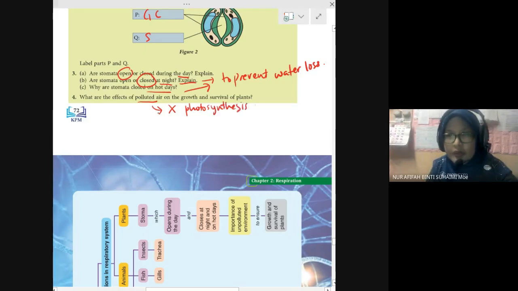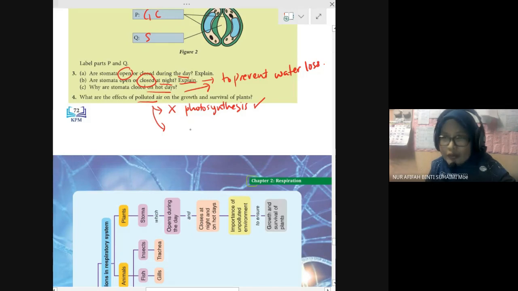Okay, and then what happens? If photosynthesis cannot be carried out, what happens? What's the importance of photosynthesis to the ecosystem? Why is photosynthesis important? Why do we need plants? For what?